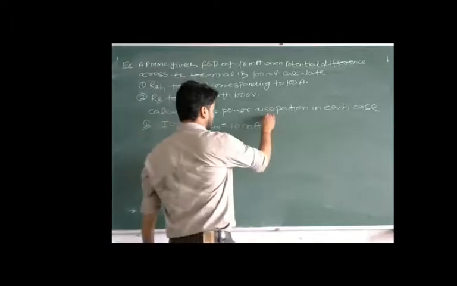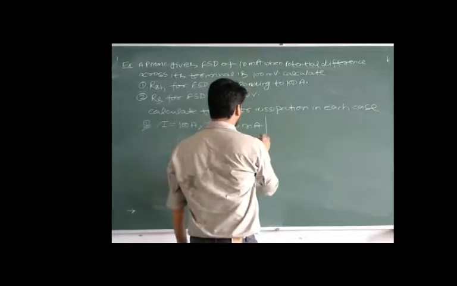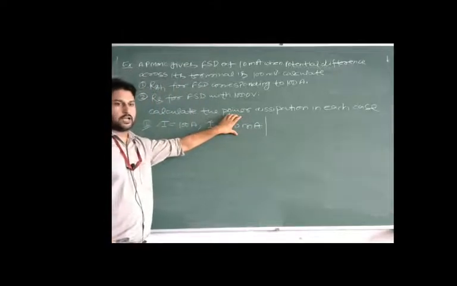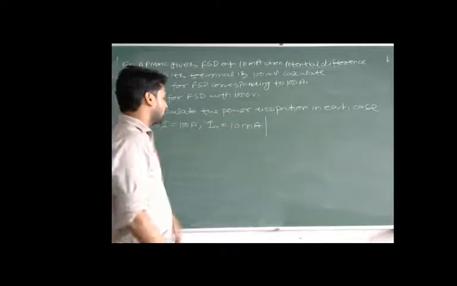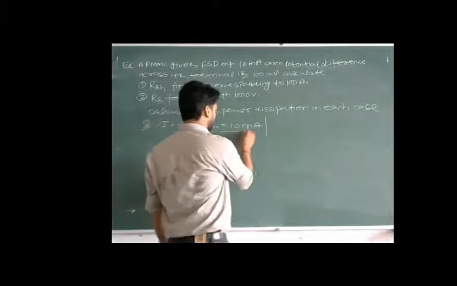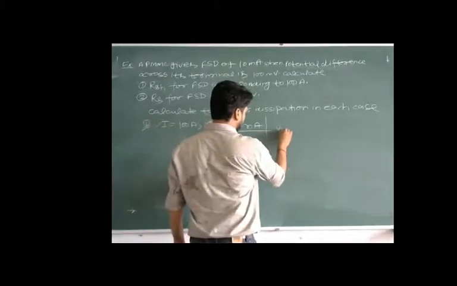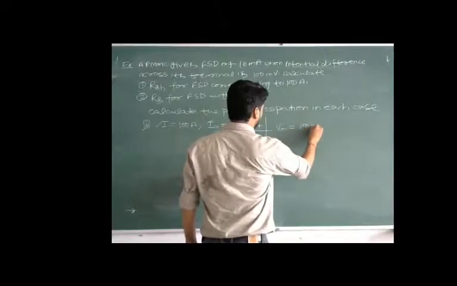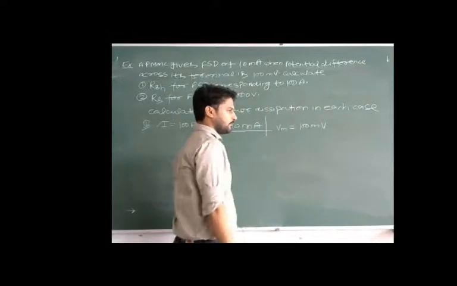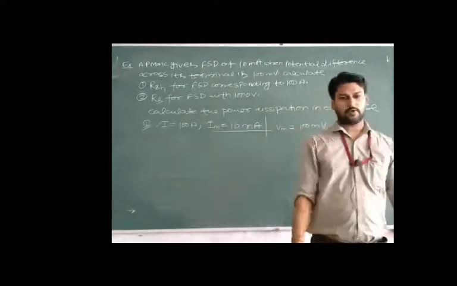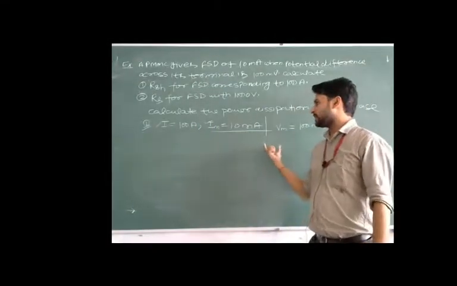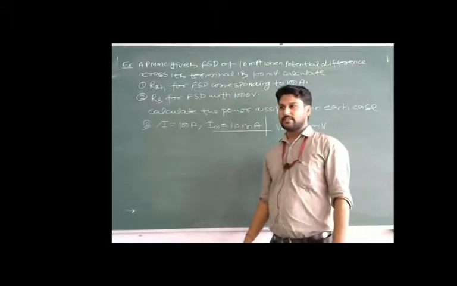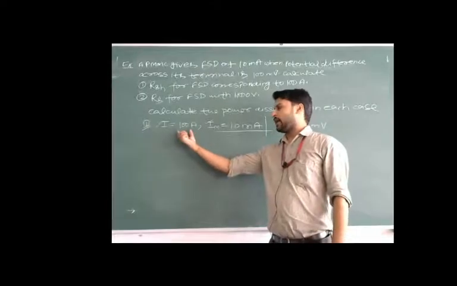Another piece of information given here is that 10 milliampere current flows through the coil when the voltage applied across the coil, Vm, is 100 millivolt. So when the voltage across the coil is 100 millivolt, the current through the coil is 10 milliampere. We have to extend the range of this PMMC ammeter to 100 ampere.